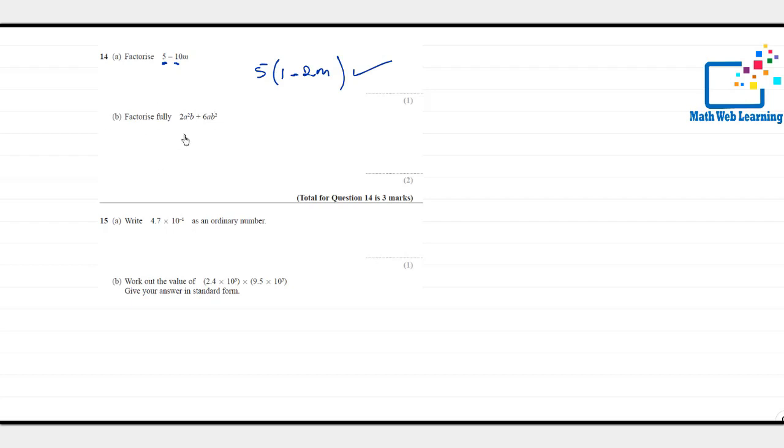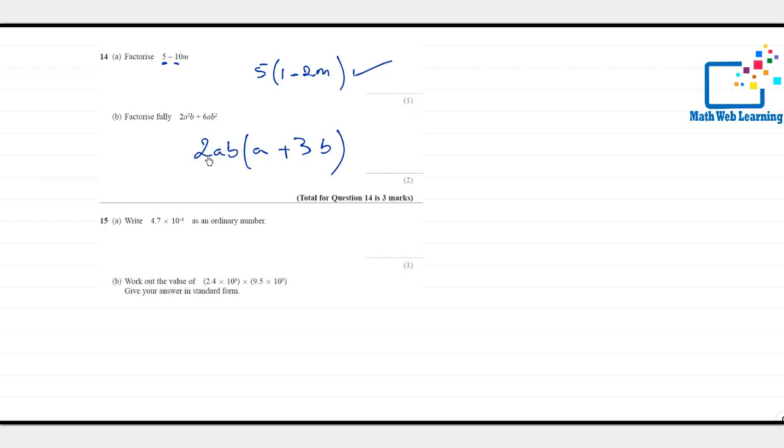We need to factorize fully this one here. You can see there is a and b, and there's the 2. So it's going to be 2ab, and it's going to be a plus 3b. Double check by expanding.